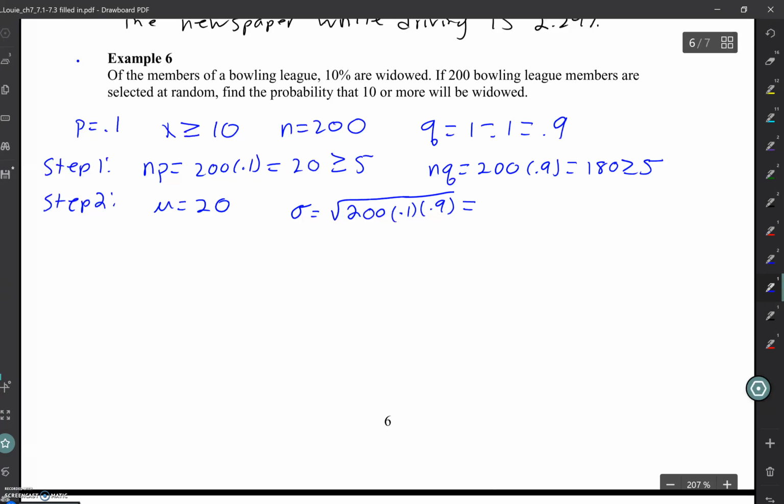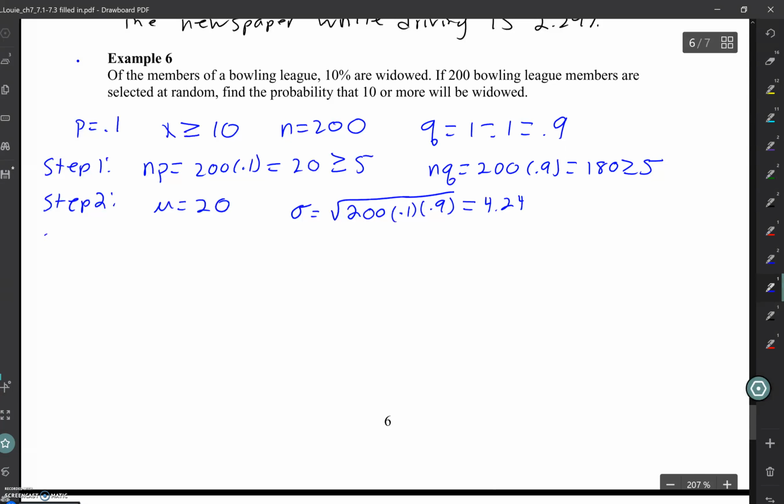And we'll see what that gives us. All right. Oh, 4.24.